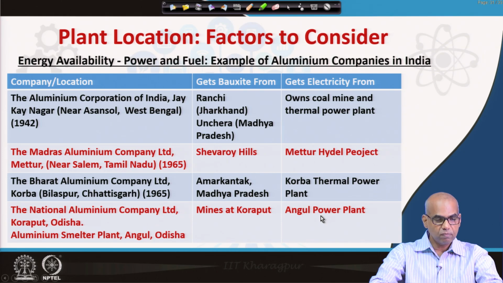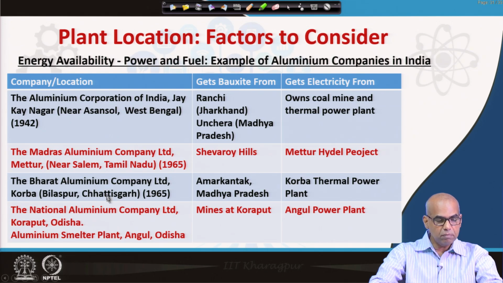For example, the Aluminium Corporation of India, they have a plant near Asansol, West Bengal, and they own a coal mine and thermal power plant. The Madras Aluminium Company Limited is located in Mettur and Mettur has hydel project.